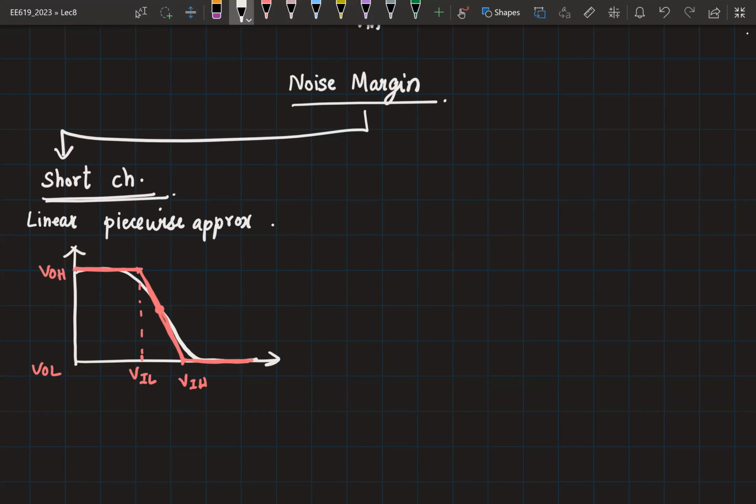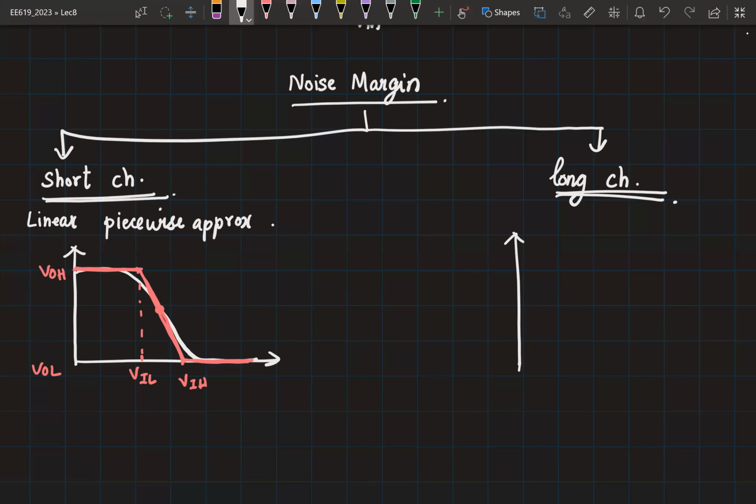Now for the long channel transistors, we saw that when the lambda is very negligible, at the midpoint voltage, the slope is going to be very high, right? So you will have a curve looking something like this.